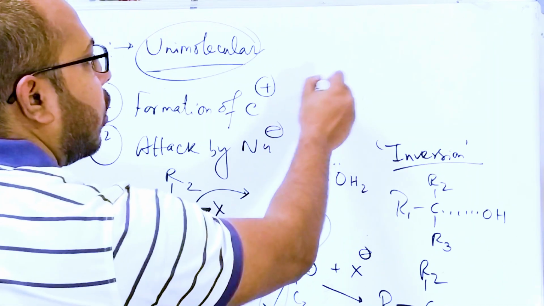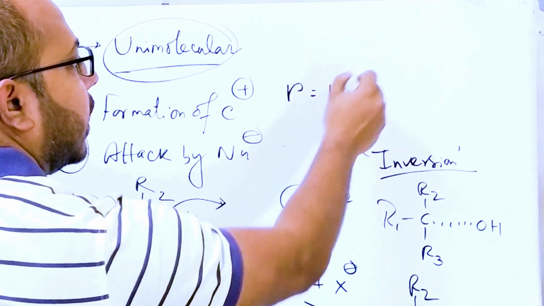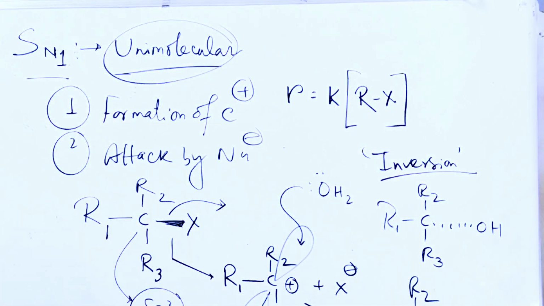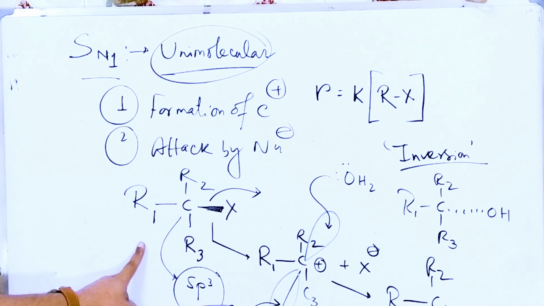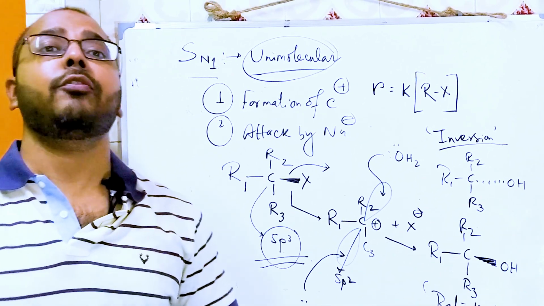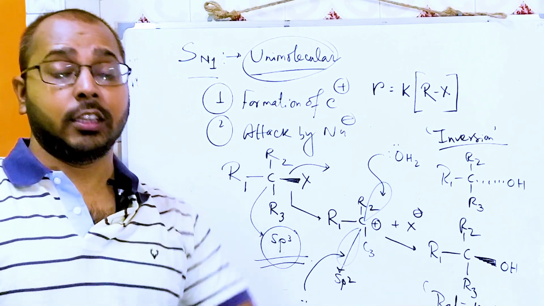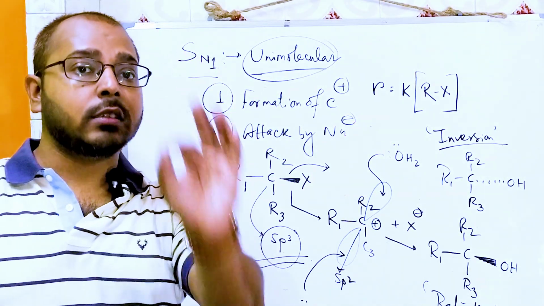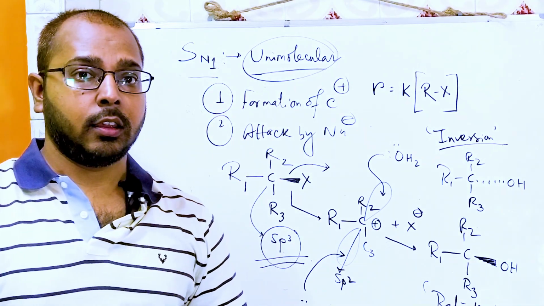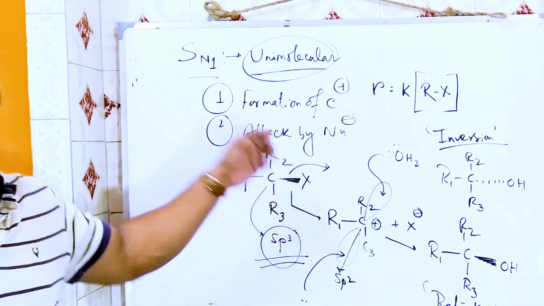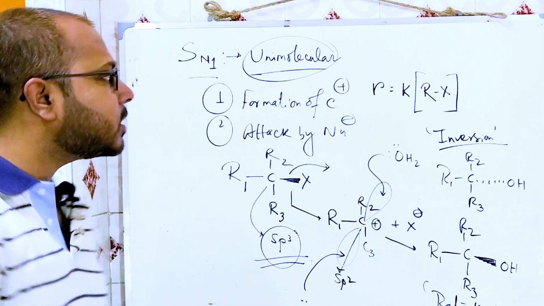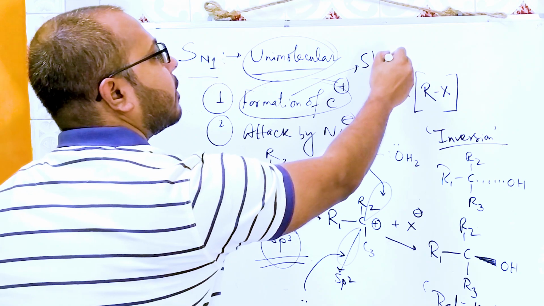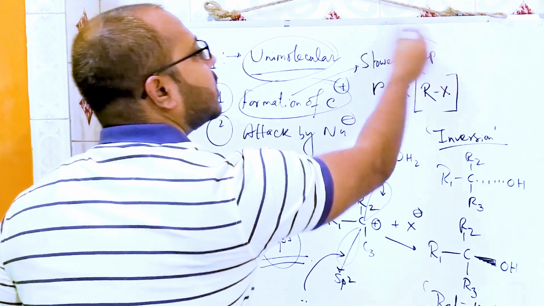So the rate of the reaction is directly proportional to the substrate only, not the concentration of nucleophile. The rate of the SN1 reaction is independent of the concentration of nucleophile, because the nucleophile is coming in the less important step. The first step is the most important step as it is the slowest step.